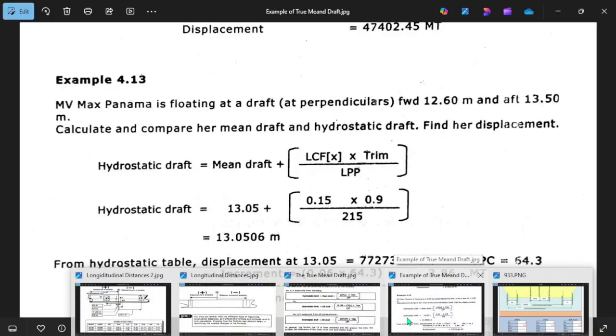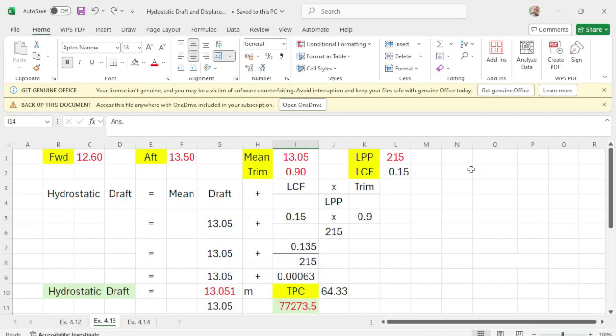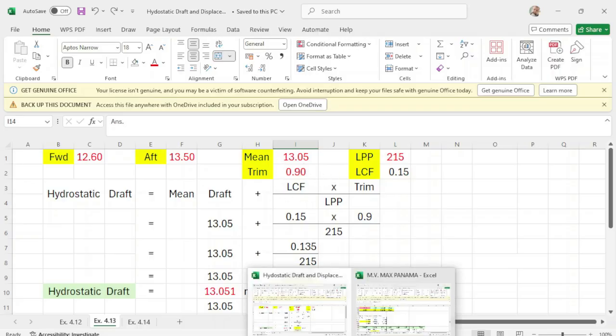Mean drop is 13.05. And your LCF is 0.15 and your trim is 90. Okay, trim is 90.